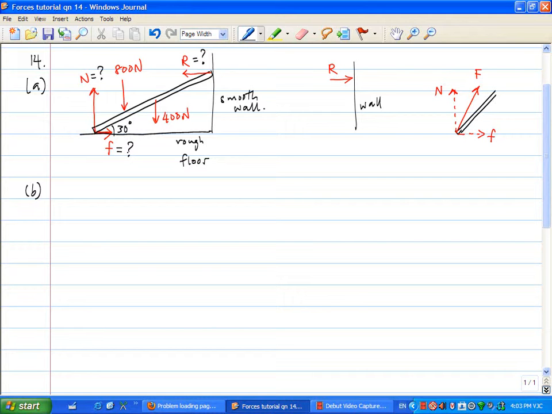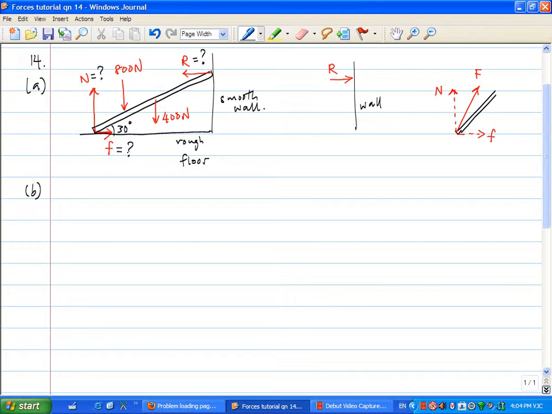So there are 3 unknown forces, right? So one trick that is very useful is to take moments about a point through which unknown forces pass.